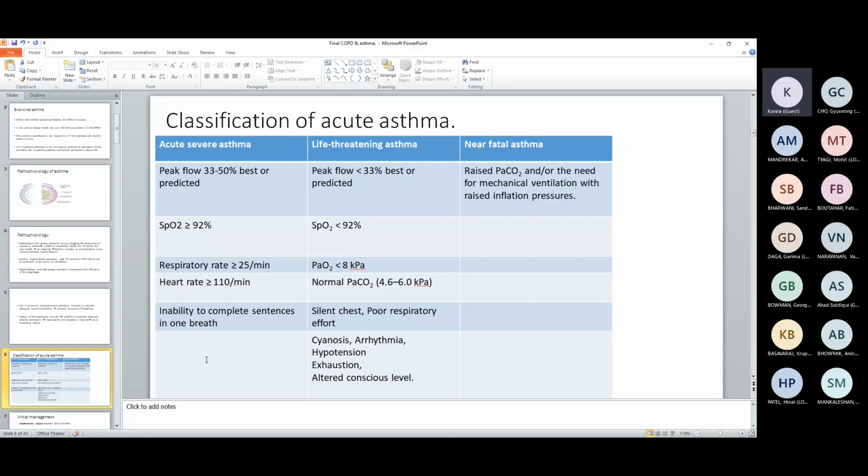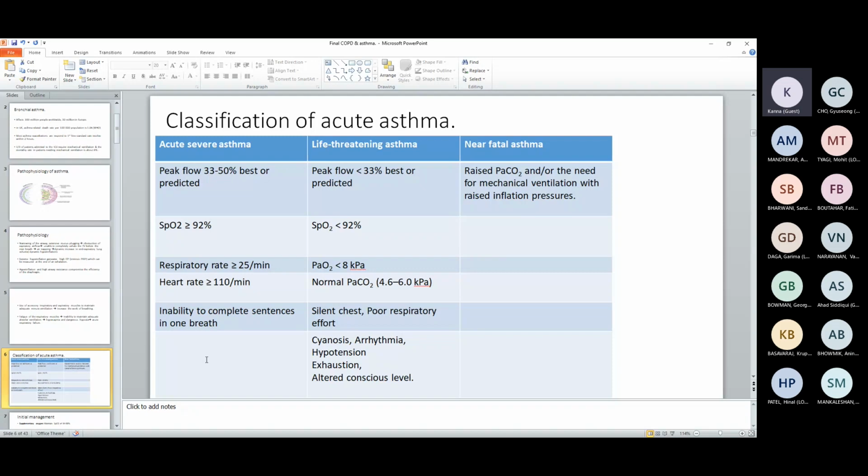In life-threatening asthma, the peak expiratory flow rate is less than 33% of the predicted value, and the patient can't maintain saturation above 92%, and the PO2 is less than 8 kilopascal, and they may show signs of poor respiratory effort, silent chest, and features of hypoxia such as cyanosis, arrhythmia, hemodynamic instability, and altered level of consciousness.